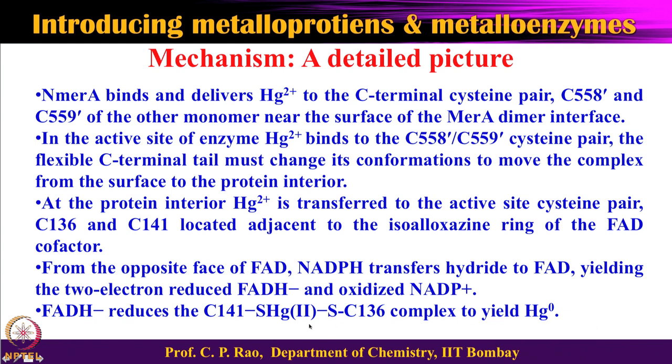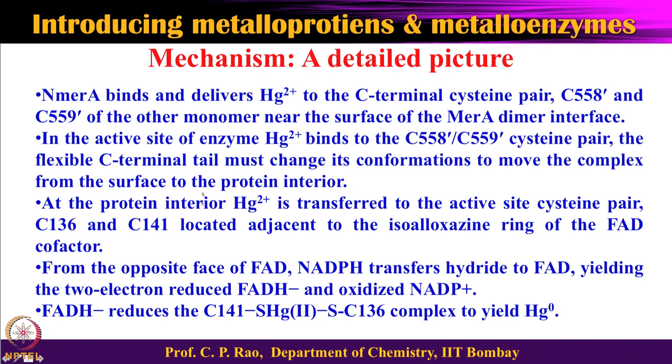The FADH minus will basically be oxidized. Okay, so these are the third process. So, the first process is binding at the surface, followed by moving to C558, 559, then further moving to C136, 141.